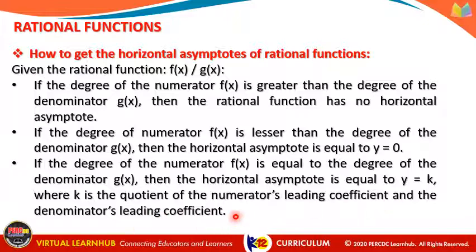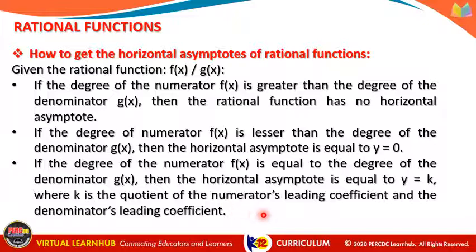Ano ulit ang leading coefficient? Leading coefficient, yung coefficient ng leading term. Ano ulit ang leading term? Hindi ba yun yung term na kung saan yung x ay naka-raised doon sa degree? So in short, hanapin mo lang yung coefficient nung x na may pinakamataas na exponent, di ba? Yun yung tinatawag natin na leading coefficient.